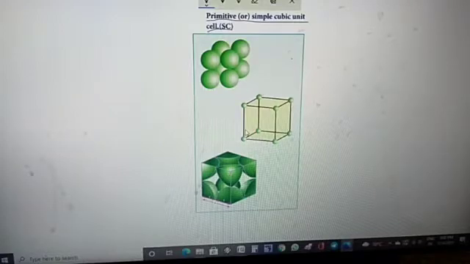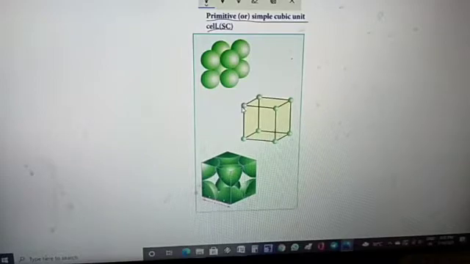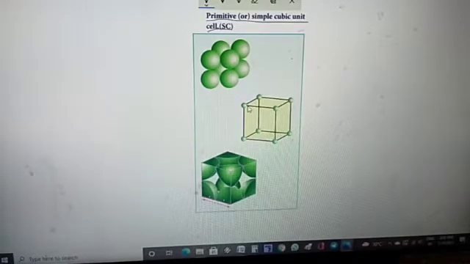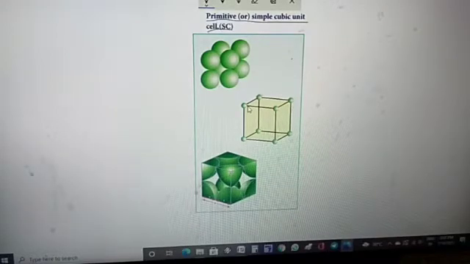So as one atom is shared by 8 corners, only 1 by 8 of an atom belongs to that particular unit cell. Why? Because each atom is shared by 8 unit cells. So for a particular unit cell, only 1 by 8 of the atom belongs to it.